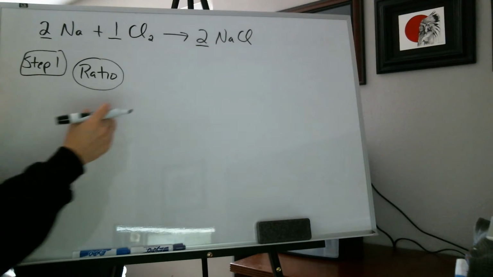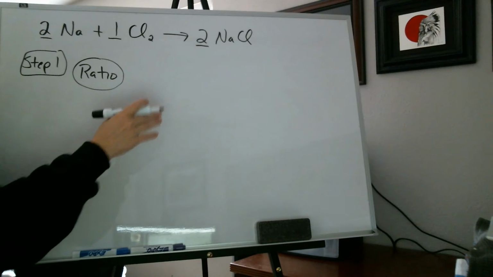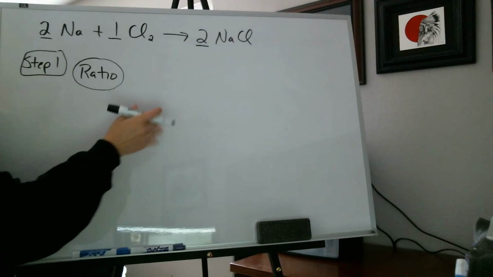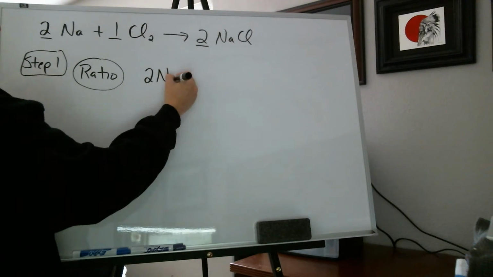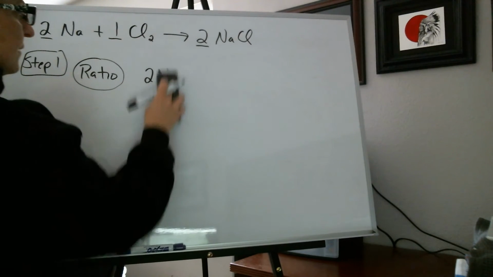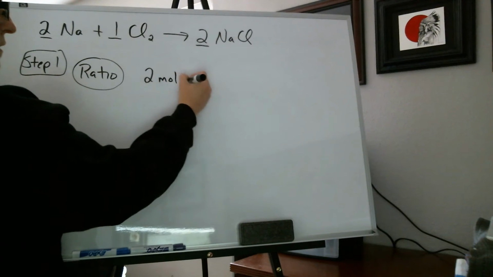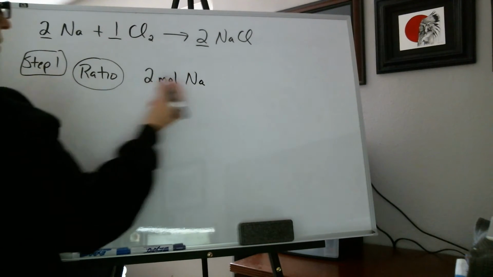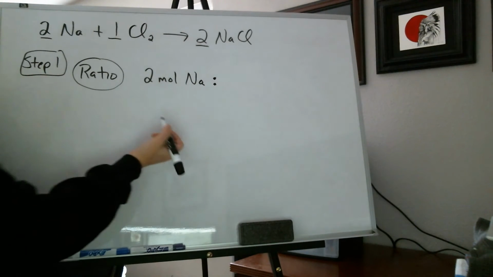So with my ratio, we'll look at the ratio for sodium, and then we'll look at the ratio for chlorine. I have 2 sodiums. Actually, let me stick a word in here. I have 2 moles of sodium. This is a ratio.